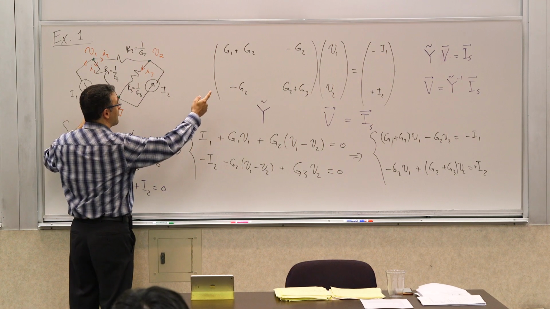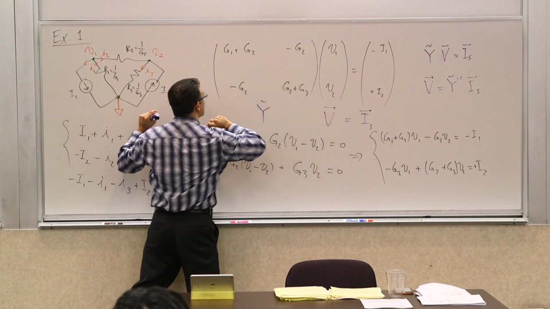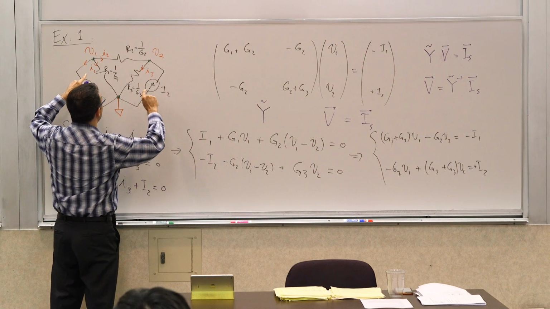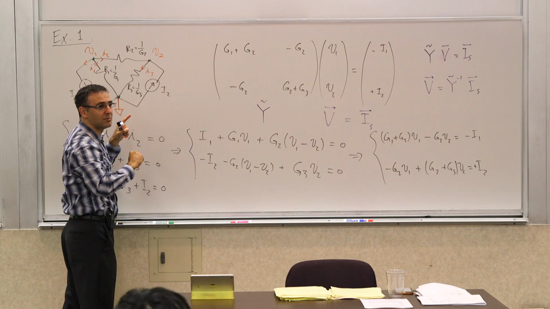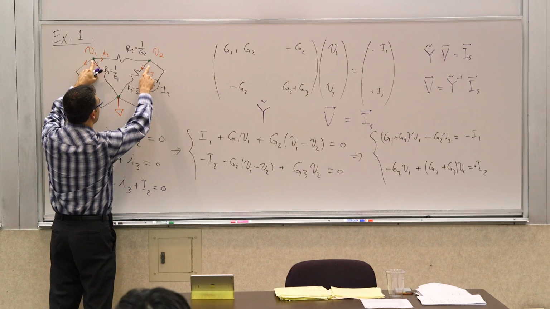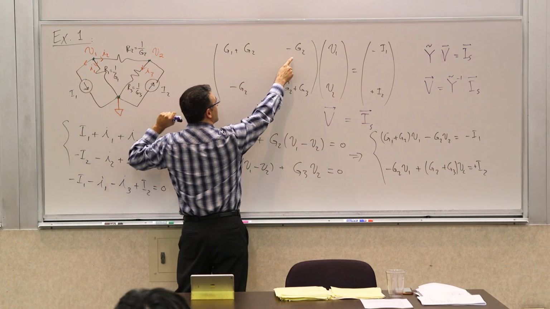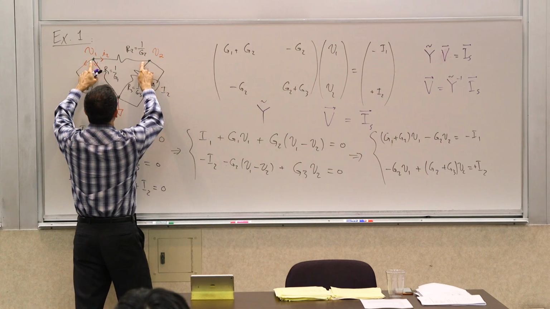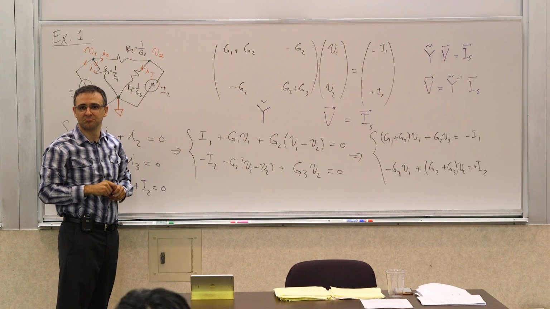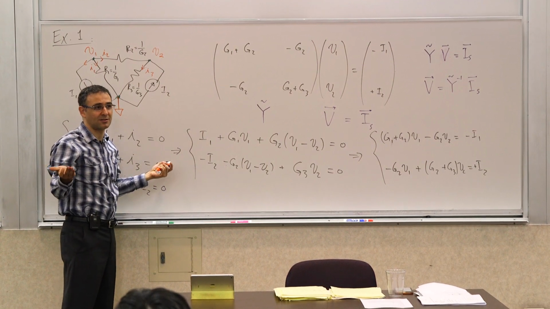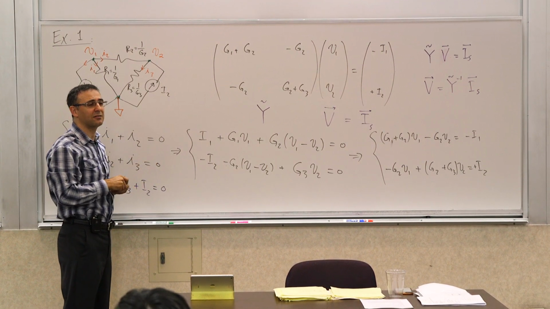OK, so the hypothesis is that the off-diagonal terms are the conductances connecting the nodes associated with those numbers, right? So this is node 1 and this is node 2. This is element 1,2 and 2,1. And it seems that it would be the negative of the conductance connecting those two nodes. That's a plausible hypothesis. How about the diagonal terms?